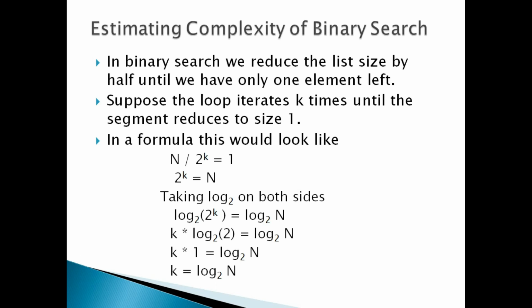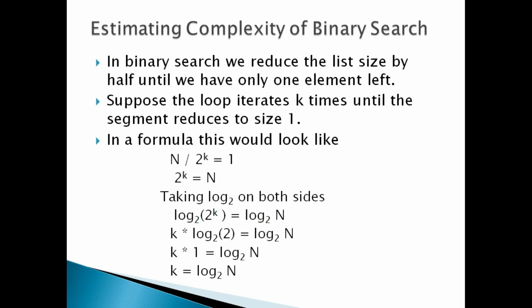You know the method of binary search, that we have to reduce the size of the given list by half at each step, and we continue this process until we reach only one element in the list. So we are supposing that our loop requires k iterations to go to the size 1. So how can we represent it in a formula?